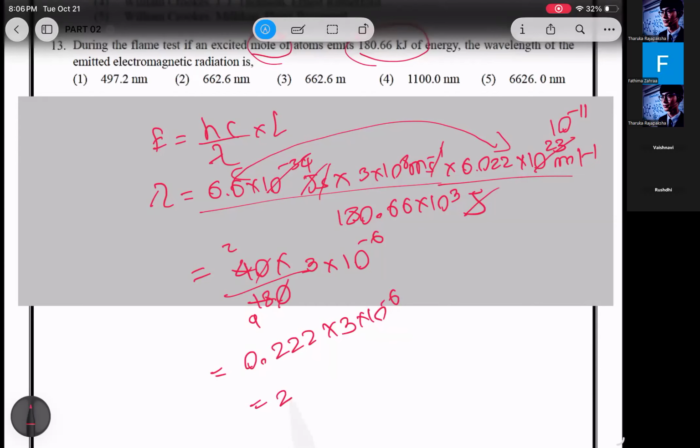That is 666 nanometers. I'm taking an approximate answer.